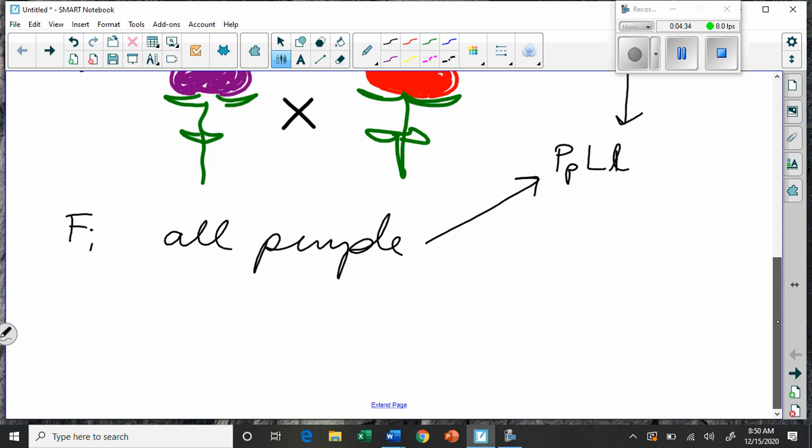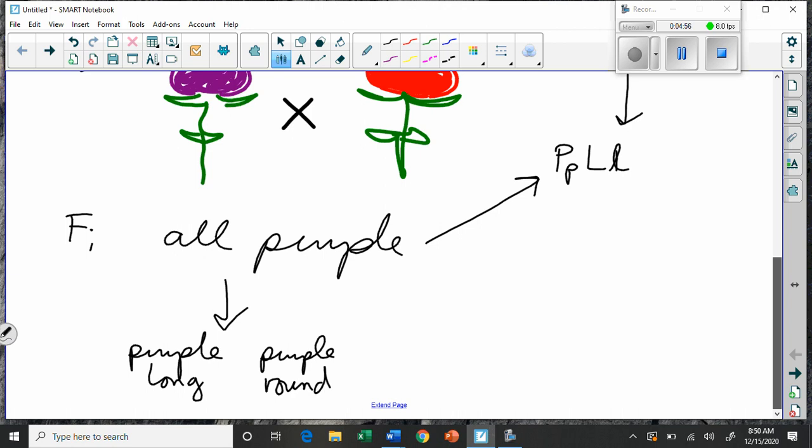And what we find is that when we cross the next generation, we get some purple and some red. So in other words, here's purple and long. Purple flowers with long pollen. And we would get purple flowers with round pollen.